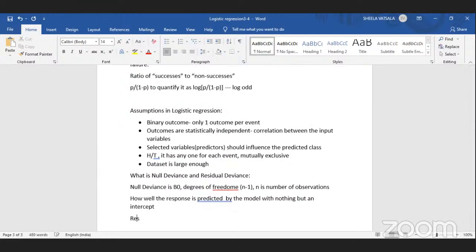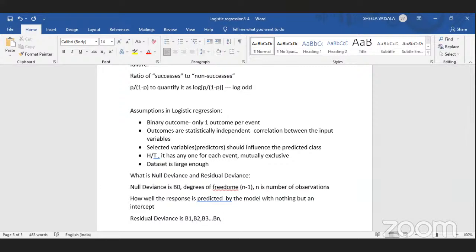So residual deviance is B1, B2, B3, Bn, depending on the number of variables you have added. So that will be the total number again.